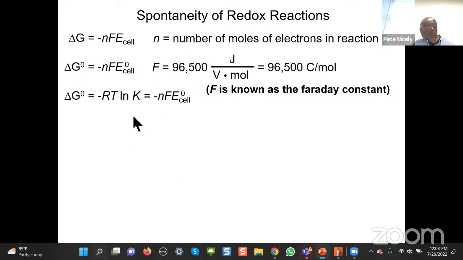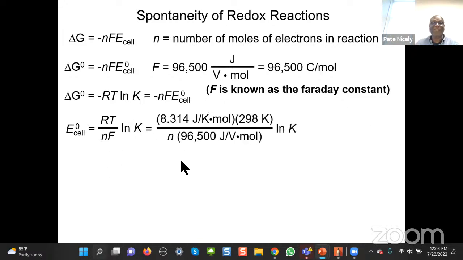And therefore, we can rearrange it to get an expression for the standard EMF of the cell, which is equal to RT over NF times ln K, all right? Now, if the conditions are standard, in other words, if the temperature is 25 degrees Celsius, which is equal to 298 Kelvin, and of course, R is a constant, F is a constant, then basically we can put those numbers into this equation.